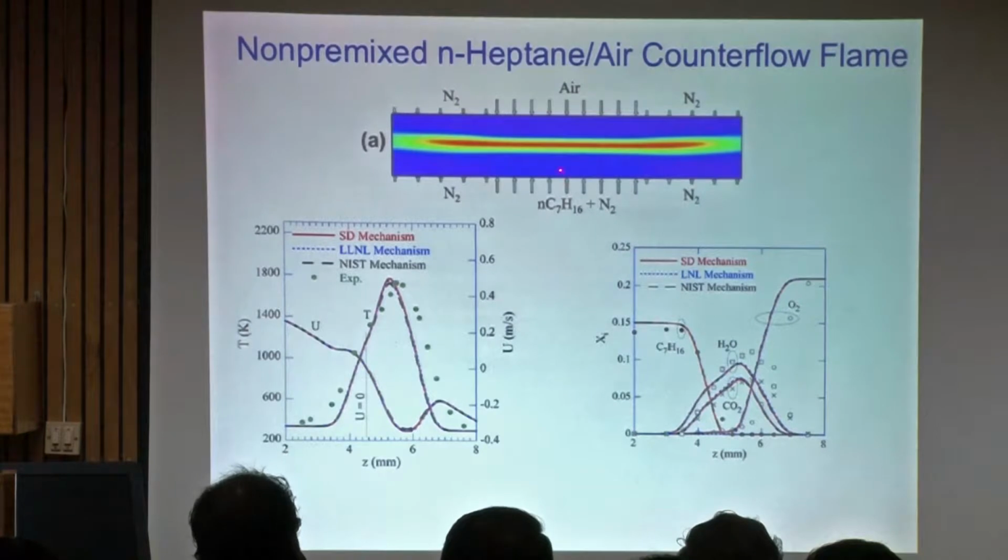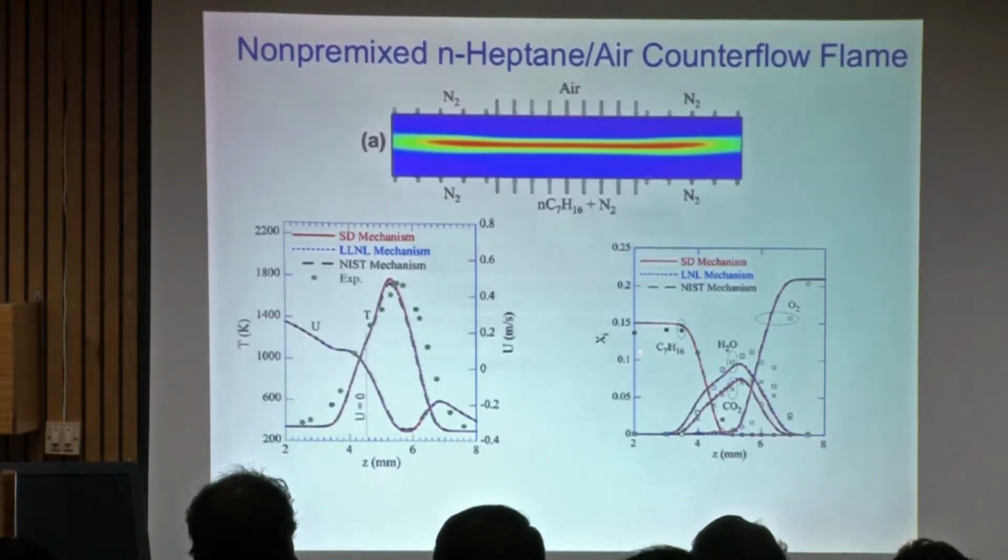So if you plot along this Z variable, again you see that the fuel, there is a nitrogen dilution here, so the fuel mole fraction is like 0.15. The rest is nitrogen on this side.